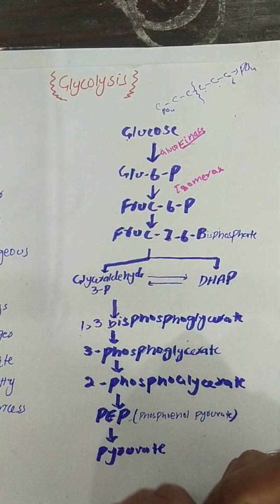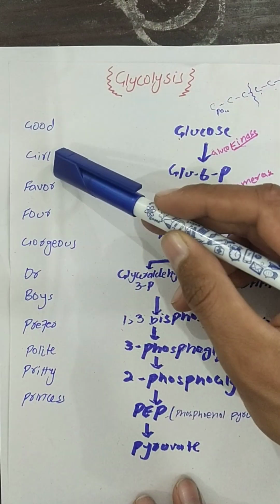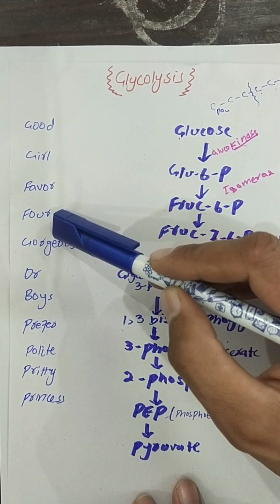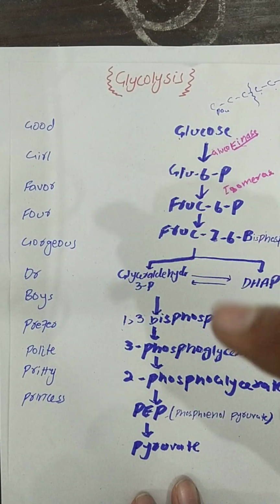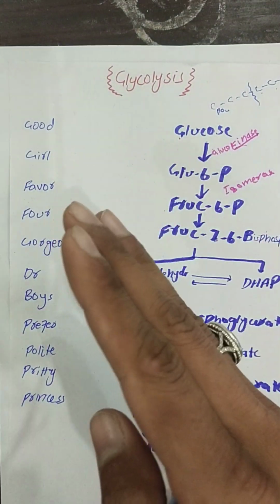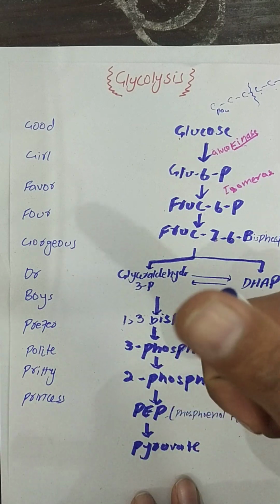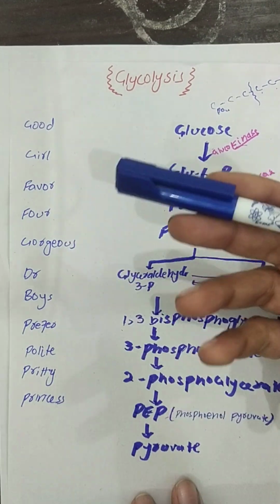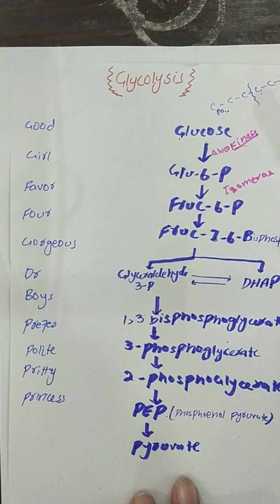How can we remember this reaction? We simply use this mnemonic: good girl favor gorgeous doctor. It means there is a girl who favors gorgeous doctors. There are doctors and there is competition with the engineers, but a good girl favors the gorgeous doctor team. And what about boys? Boys prefer polite pretty princess. This is the mnemonic.